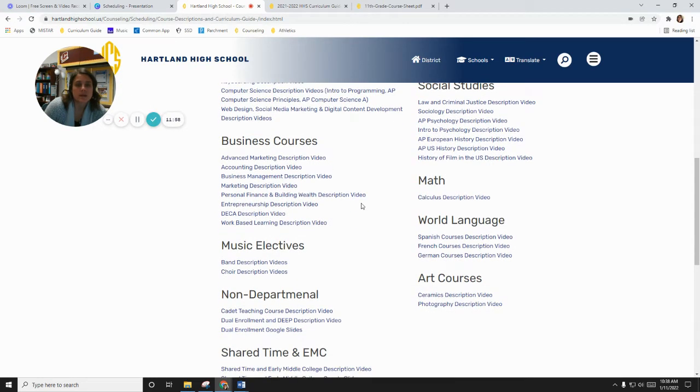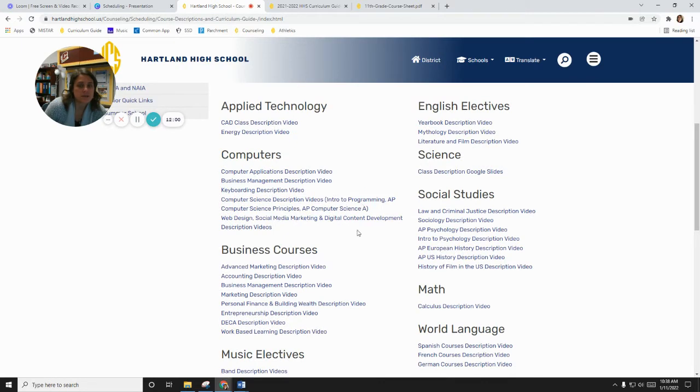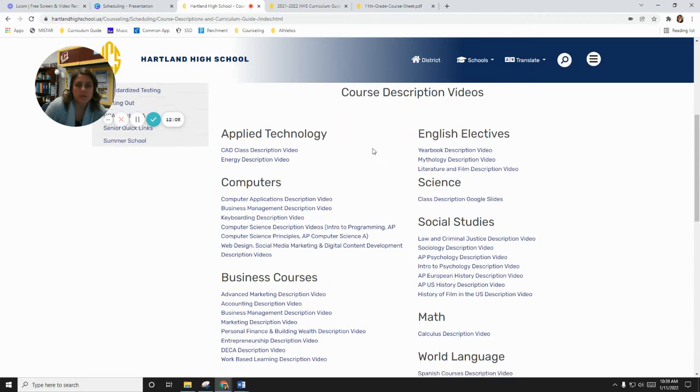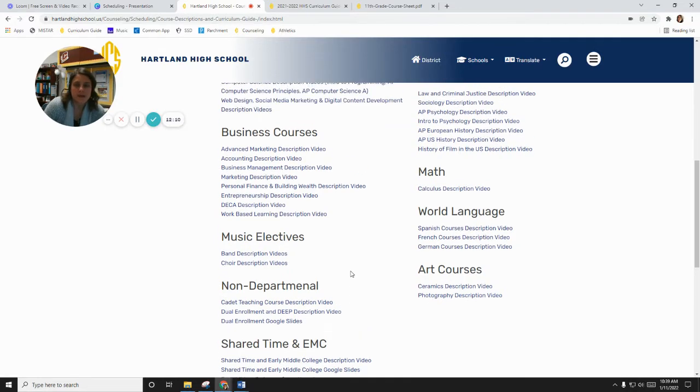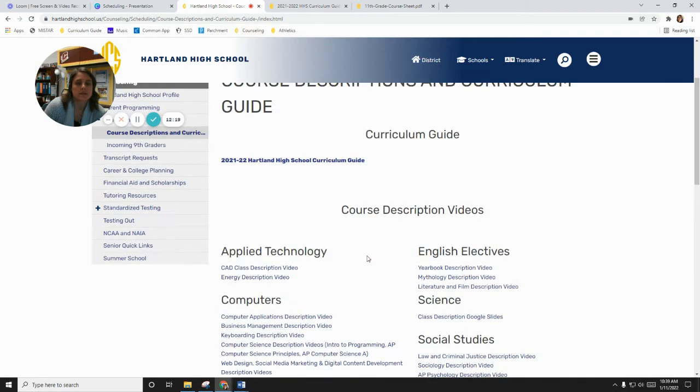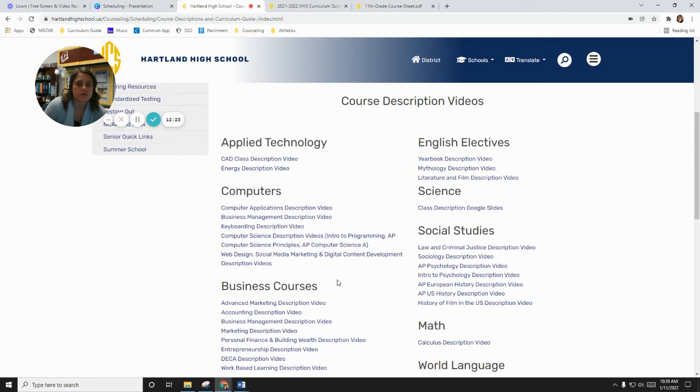So these have been created by the teachers who teach them, and I know some of them have students who have kind of spoken about what they do in the class, and so these can be really helpful. They're sorted by department as well, so not every class has one, but you might be able to find some more information directly from the teacher, from students who've taken those classes here on this website. So please, please, please use the curriculum guide and use our course description videos.